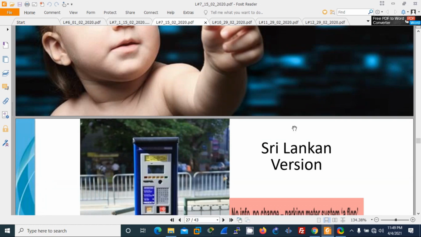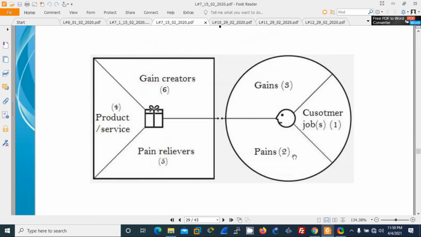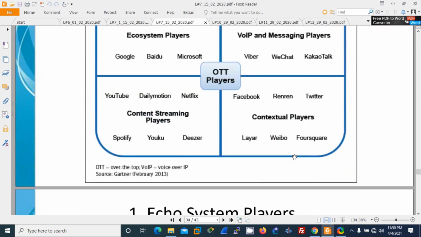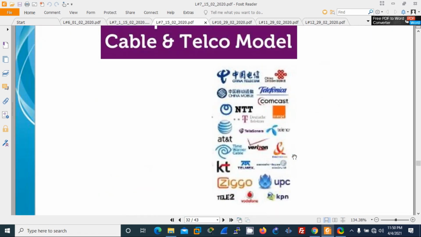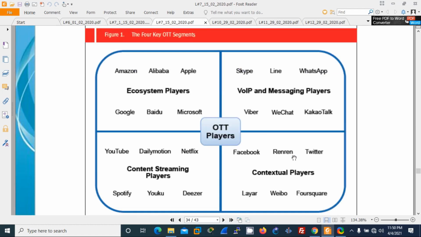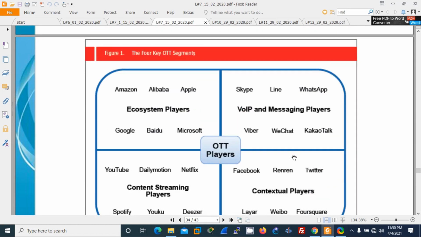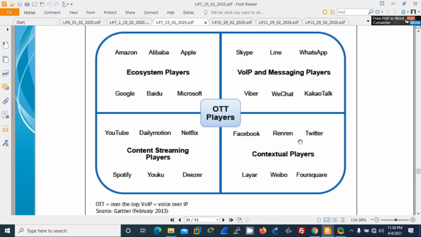Especially when coming to the lecture class, we learn about one of the very important models called the cable and telco model, where OTT players, new players in the market, disrupted the conventional business. Telcos had conventional businesses like voice and messages and content streaming like dish cable TV.